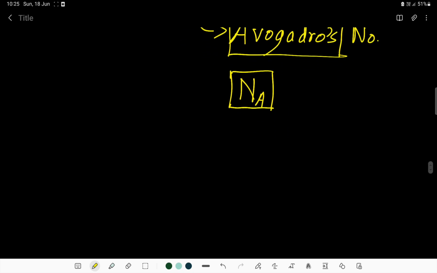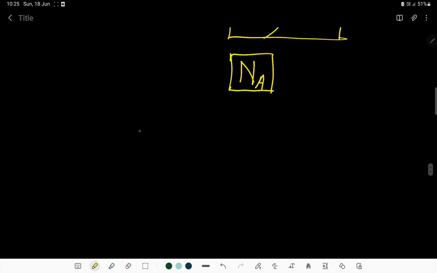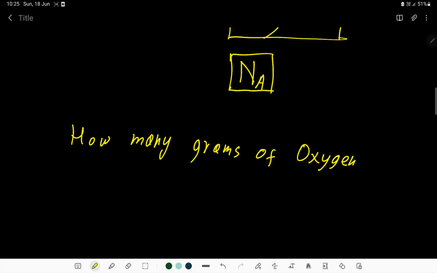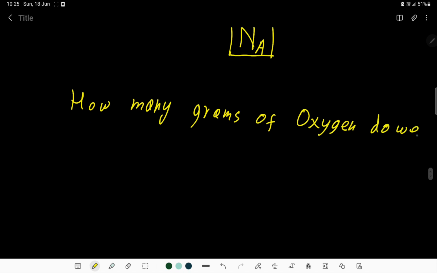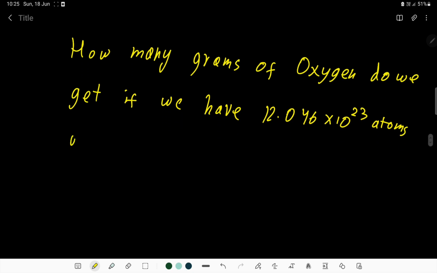So how are we going to do questions on this? Questions based on this are going to come like this. For example, how many grams of oxygen do we get if we have 12.046 into 10 to the power of 23 atoms of oxygen?